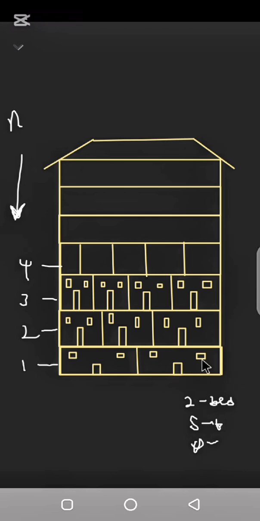When you come to the first floor, maybe you can find a studio apartment there. Are we together? Now when you come to the next floor, you can find something like the studio apartment, the 2-bedroom flat, and all the rest of them. That is for the second quantum number, the subsidiary quantum number.